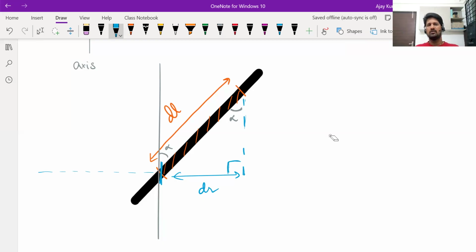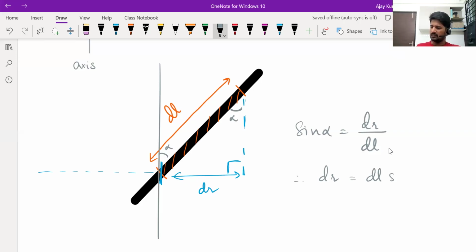How are hypotenuse and opposite side related to an angle? So dr equal to dl sin alpha. Correct. Sin alpha is opposite by hypotenuse. That's all. So dr becomes dl sin alpha, or dl becomes dr by sin alpha.